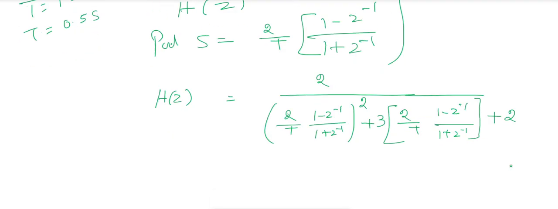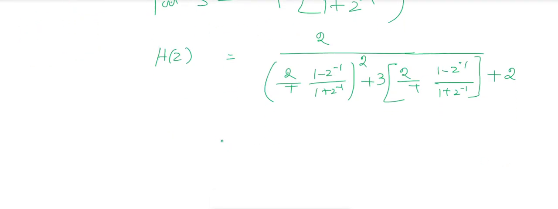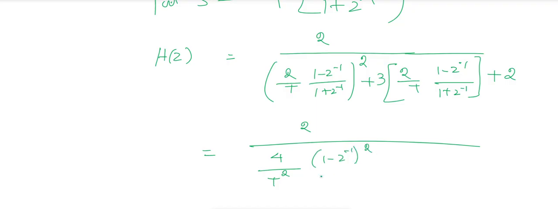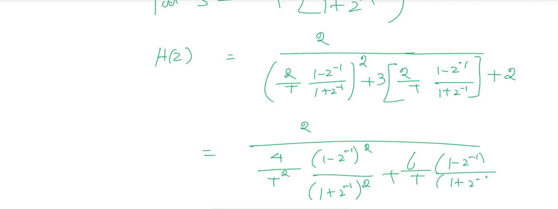You can substitute: 2 squared is 4 by T squared, into 1 minus z inverse squared divided by 1 plus z inverse squared, plus 6 by T into 1 minus z inverse divided by 1 plus z inverse, plus 2.